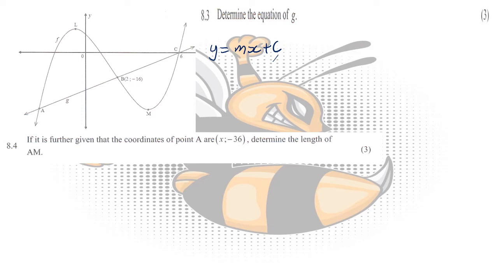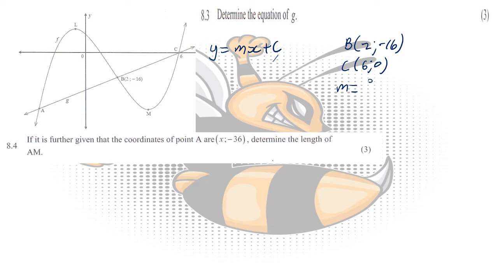In this case, we can find the gradient by using point B, which is (2, -16), and C, which is (6, 0). The coordinates of C were given to us and B was also given to us, and they're both on the straight line. We can use this to find the gradient.